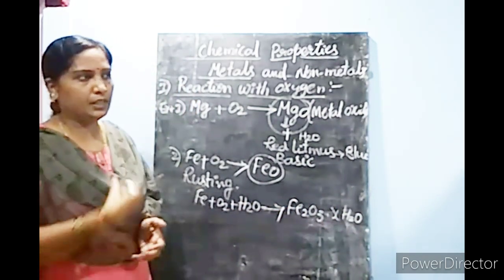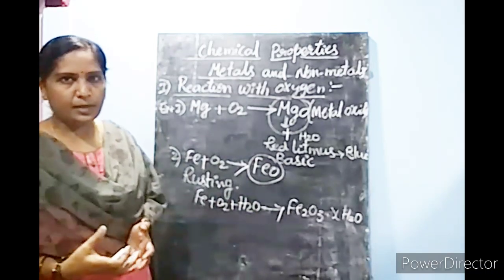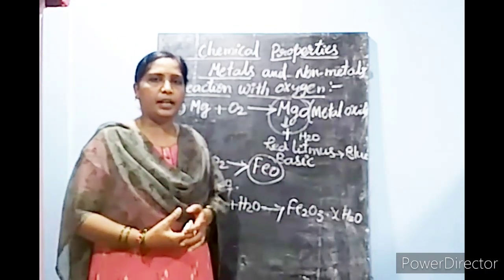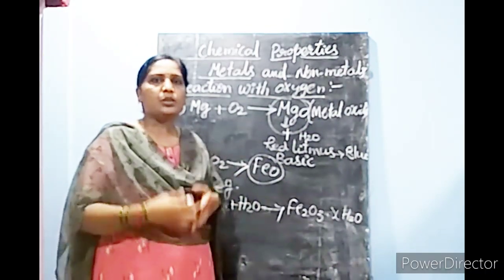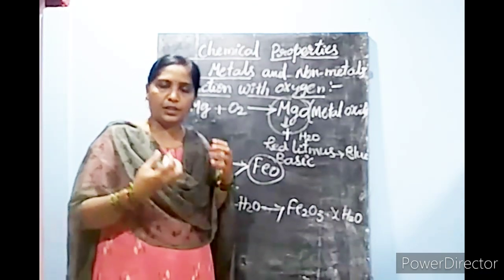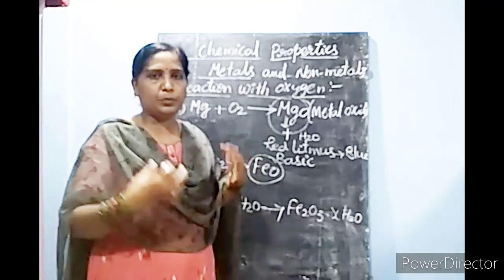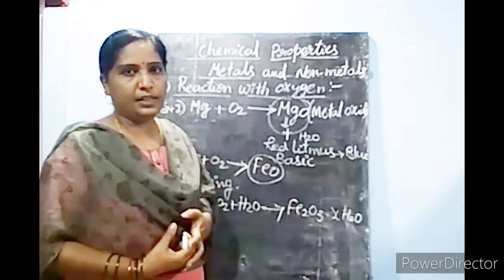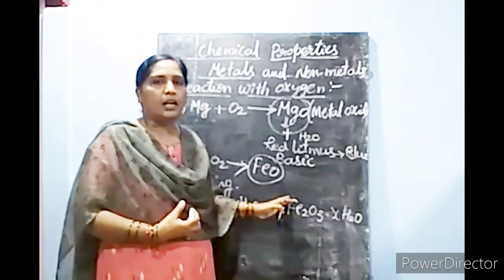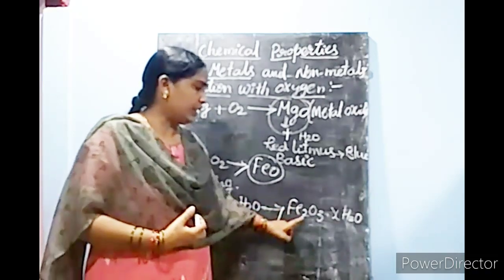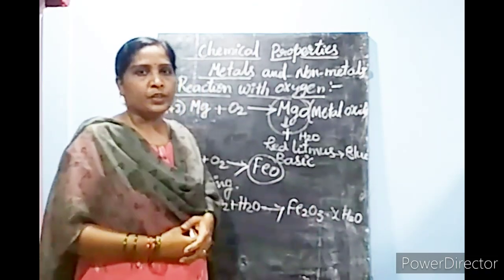Any iron object, when you leave it like that for some days, will come in contact with the air, and sometimes some water vapor is present in the air. So that water vapor and the air both will react with the iron and form iron oxide, which is nothing but rust.